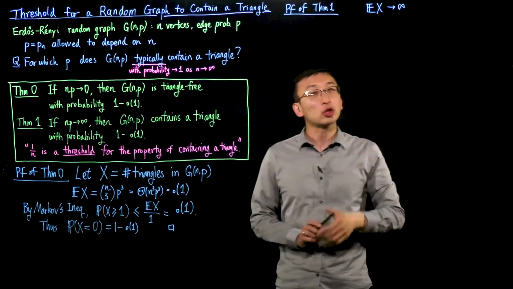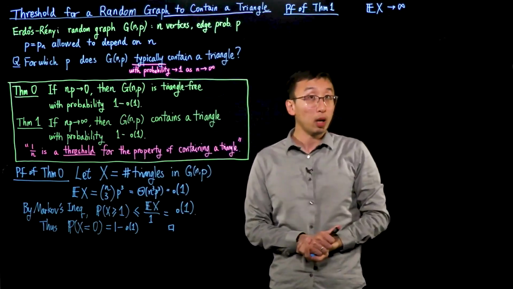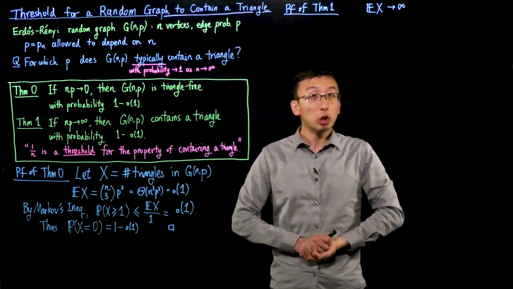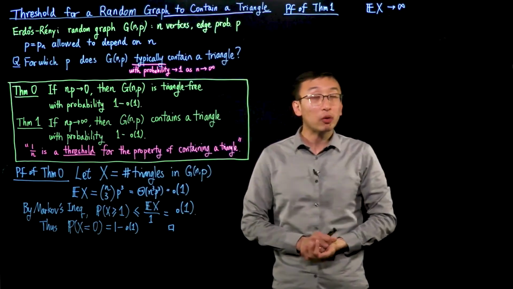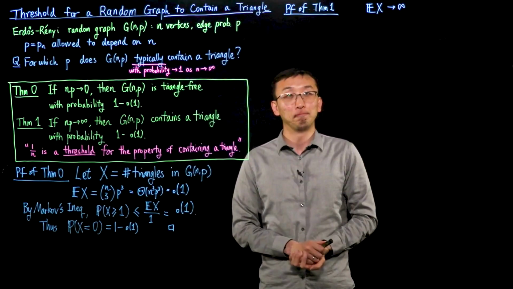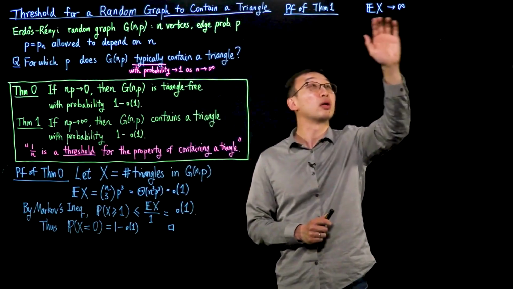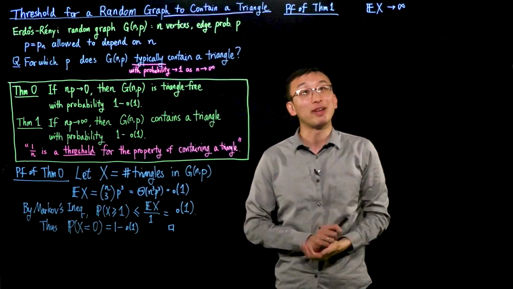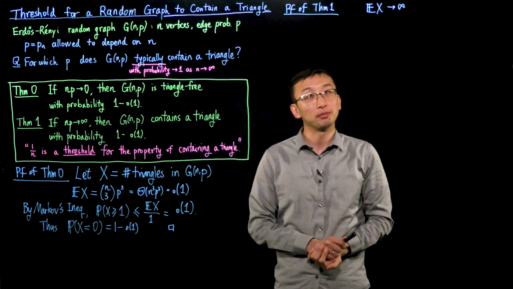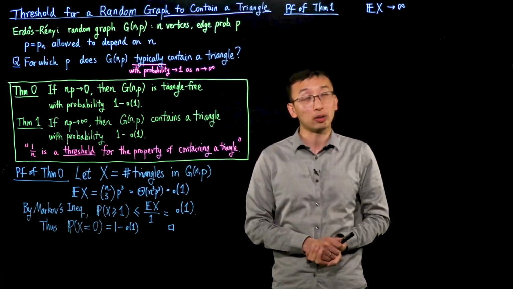However, this does not immediately imply that X is typically positive, because it could be the case that X is still typically 0, but is very, very large a diminishing fraction of the time. In that case, we would still have the expectation of X going to infinity, while it would not be true that X is typically positive. So we'll need additional ideas to establish that X is typically positive.